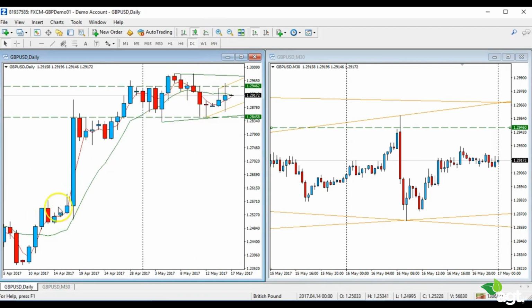Because the momentum, if you remember in an earlier video, I talked about how I use this moving average. Here's the momentum on the pound US dollar, and this fast moving average is moving very fast, and the candles are exceeding the moving average. So really, that's where I want to look for trades.